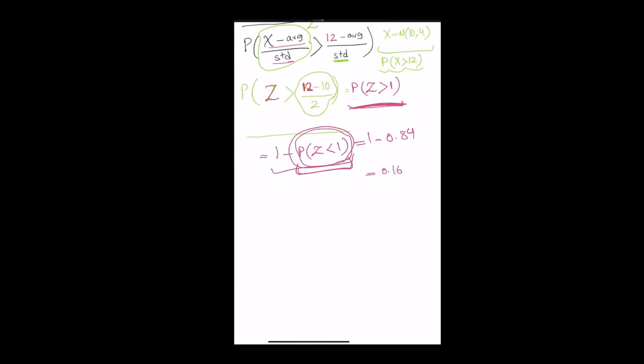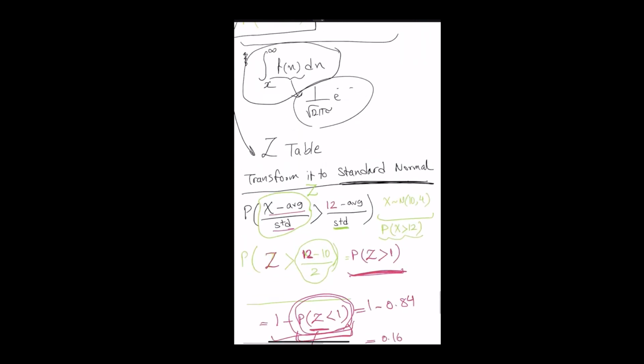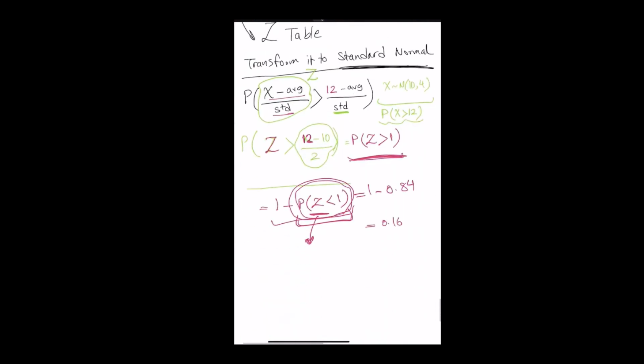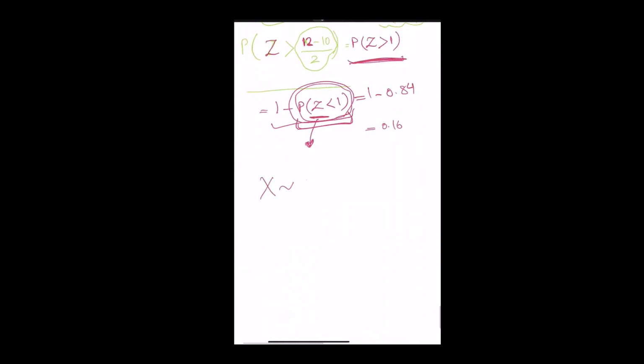This is the standard normal random variable where we use z. Yes, z is the standard normal. We started with a normal and then transformed it to this. The one that we started with can be any normal random variable, with some average and some variance. These are the notations you used in the video, right? Any normal random variable has some mean and some variance, and that's absolutely fine.